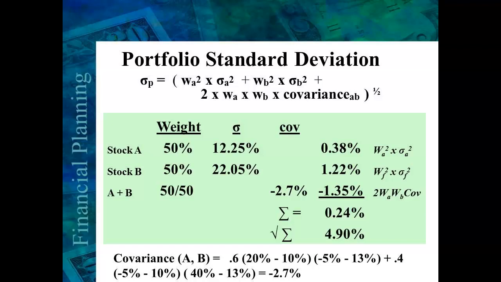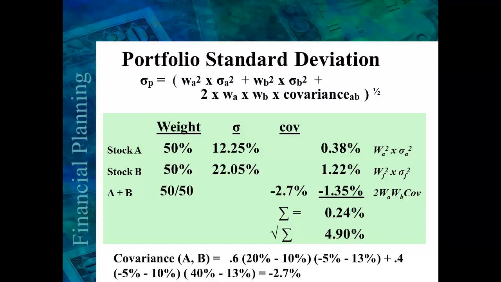The third term is more challenging because you have to work through the covariance calculation. Sigma, or sum, of the probability for the scenario times the return of asset A in that scenario minus the expected return of asset A times the return of asset B in that scenario minus the expected return of asset B. The two scenarios in this case are the bull and bear markets.